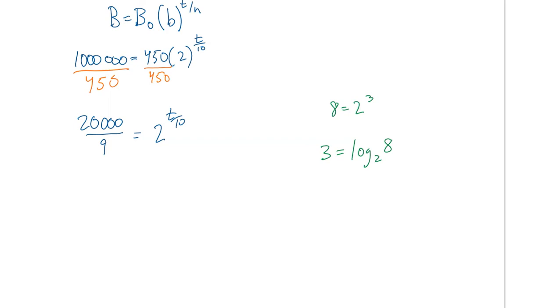If you need to make more sense of it, if you're finding you're getting confused about which part goes where, you can write the t on the right side. You don't have to write the t on the left side like I do if it's more familiar doing it the other way. Log base 2 of 20,000 over 9. Move the 10 over.